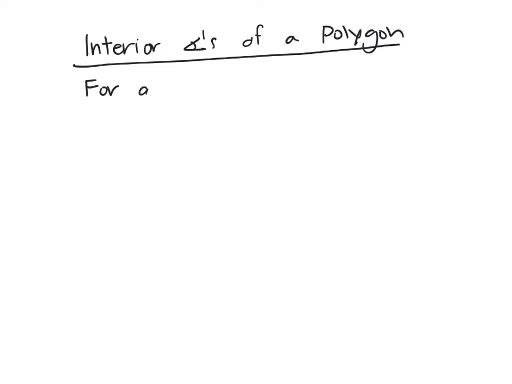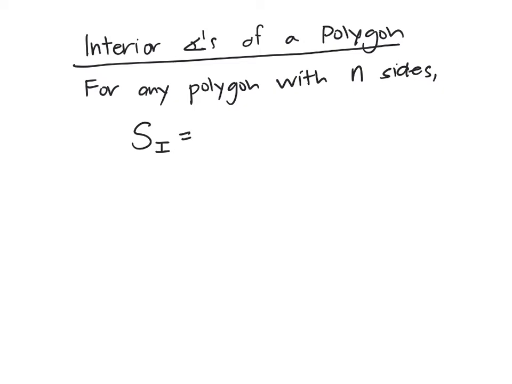We said for any polygon with n sides, so n can be any number, I'm going to write the formula and then we'll talk about it. S is going to stand for sum, so the sum of the interior angles is 180 multiplied by whatever n is, subtract 2.